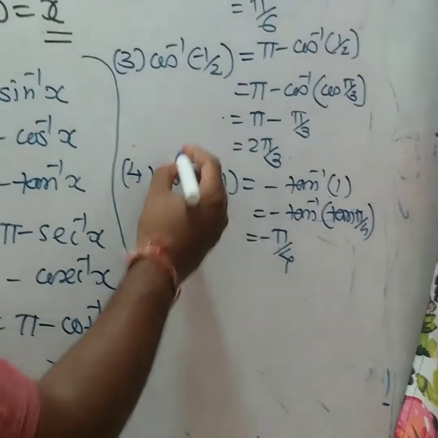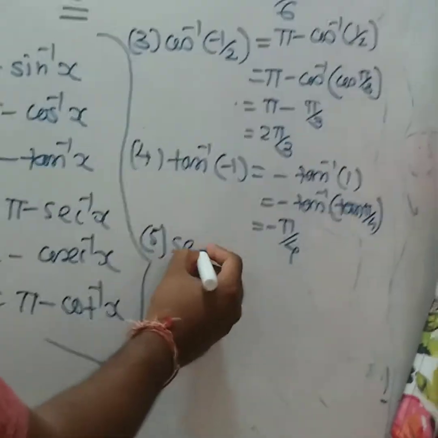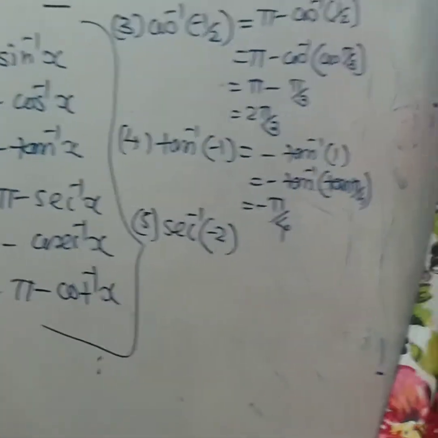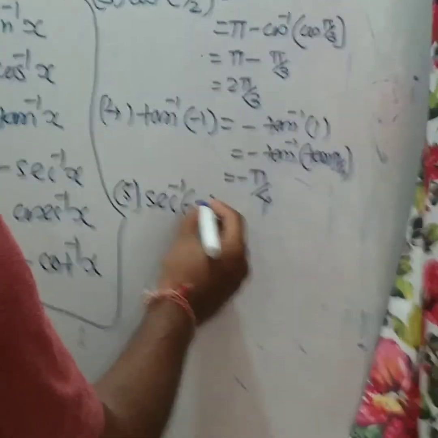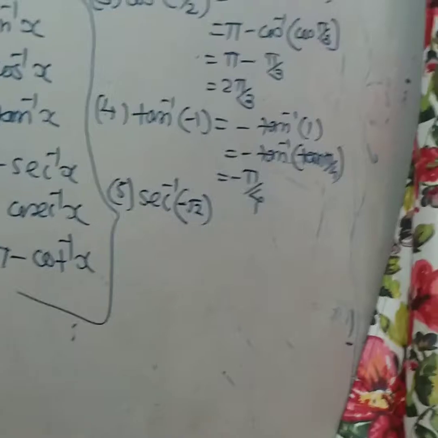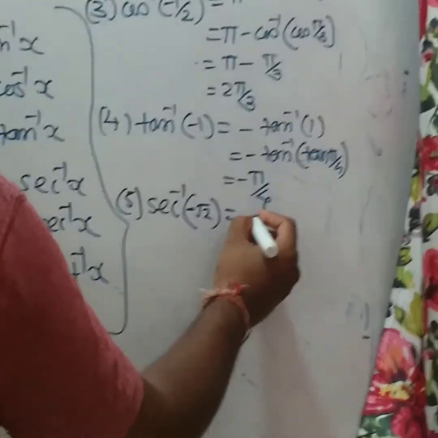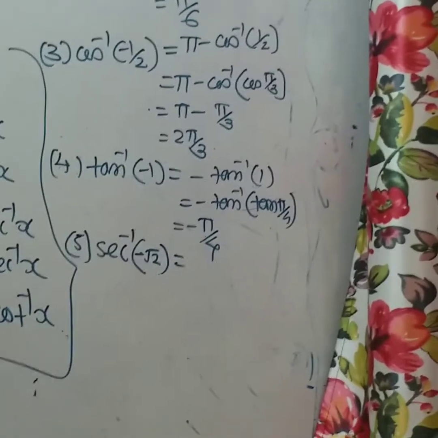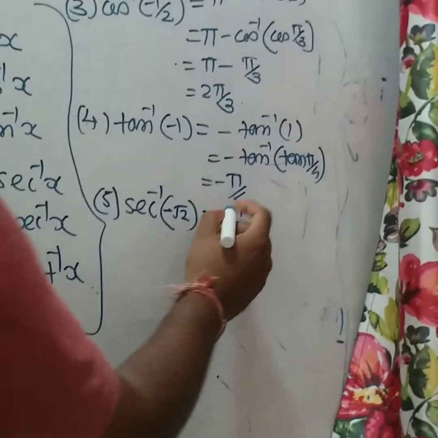Similarly, sec inverse of minus root 2. Okay, we'll take minus root 2. So sec inverse of minus x is pi minus sec inverse x.